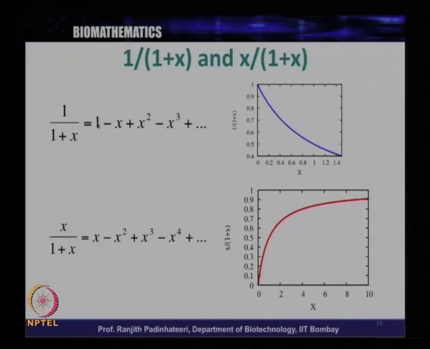So, that means I multiply all these terms with x. 1 times x is x, minus x times x is minus x square, times x is x cube, times x is x power 4. So, then you get this function x minus x square plus and so on and so forth. And when you plot this, it looks like this.